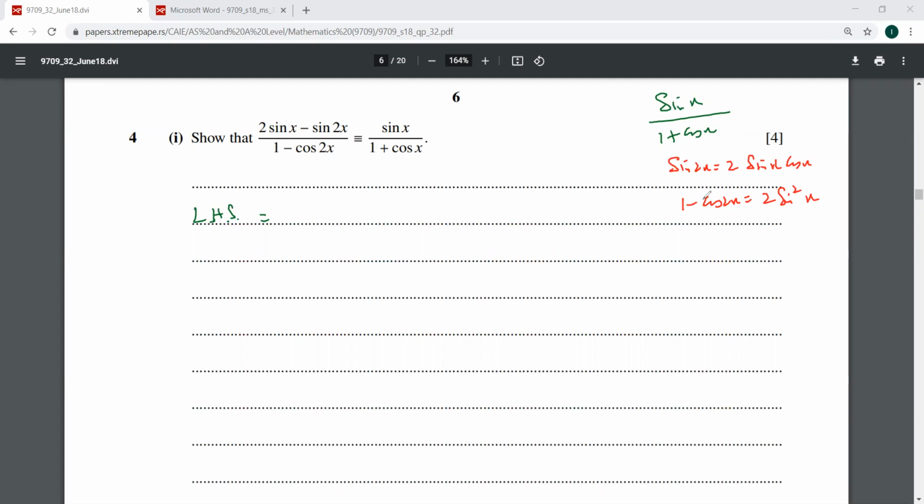So let's put them in here. So it's 2 sine x minus 2 sine x cos x over 2 sine square x. So you have 2 sine square x.